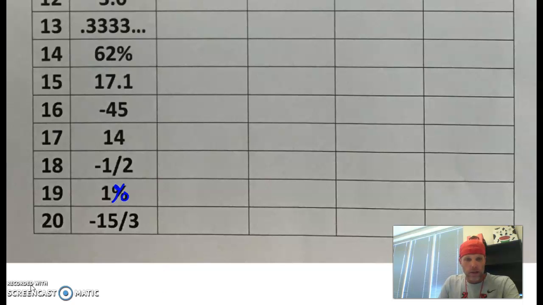So I'm going to rewrite this. Because it is percent, it is out of something out of 100. It's 1 out of 100. Is that a remainder? Yes, it is. That means you got what? 1 penny, right? That's a remainder. So it is rational, and it can't be anything else because it has a remainder. Okay?